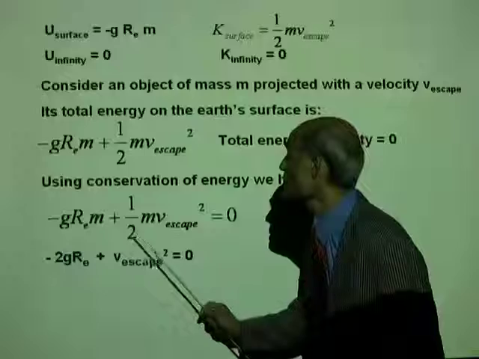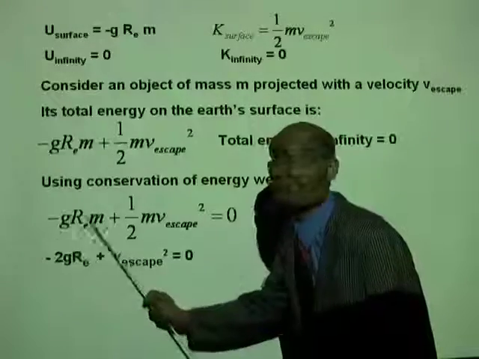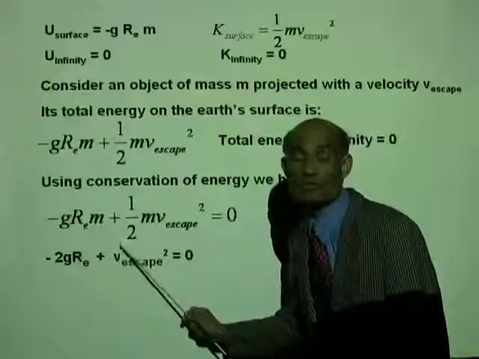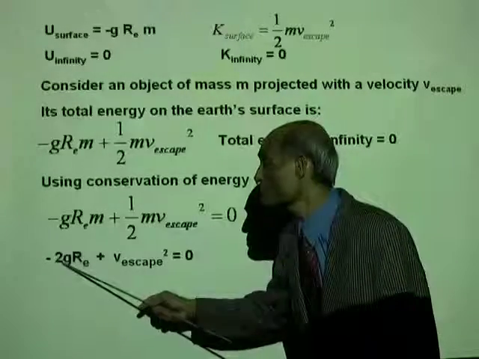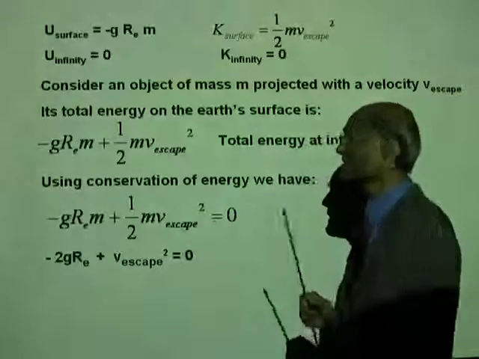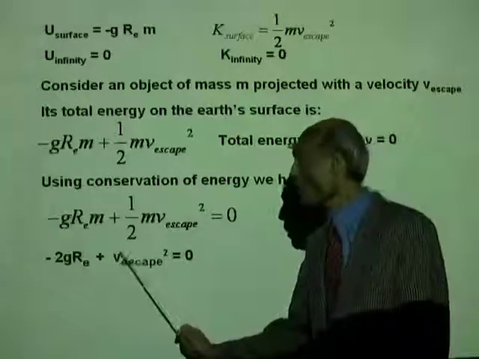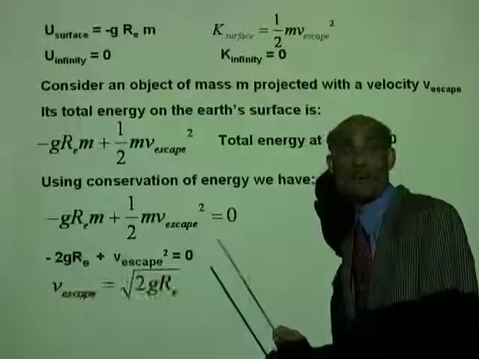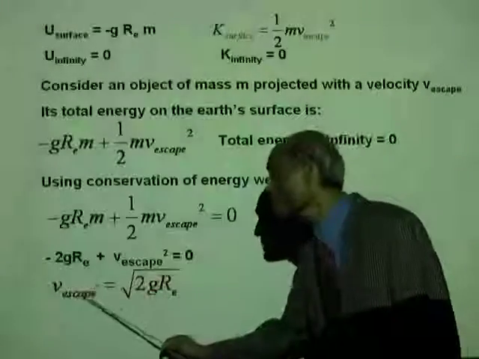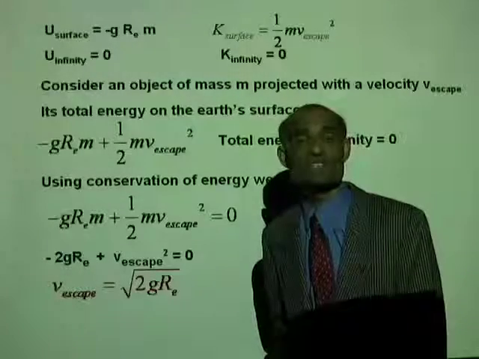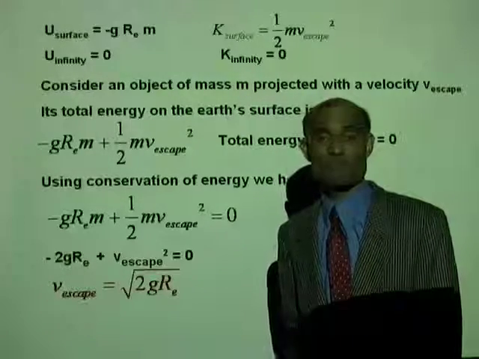And that means multiply by 2 and divide by m. M will cancel. Multiply by 2, negative 2 GRE plus V escape squared equal to 0. Or V escape squared equal to 2 GRE. Or V escape is square root of 2 GRE.